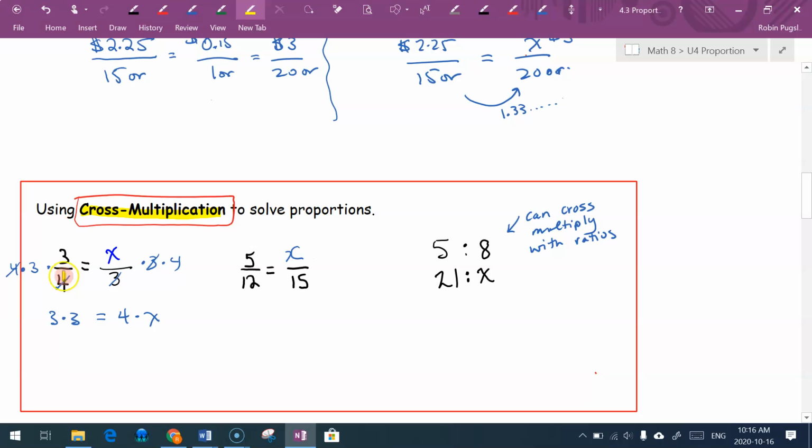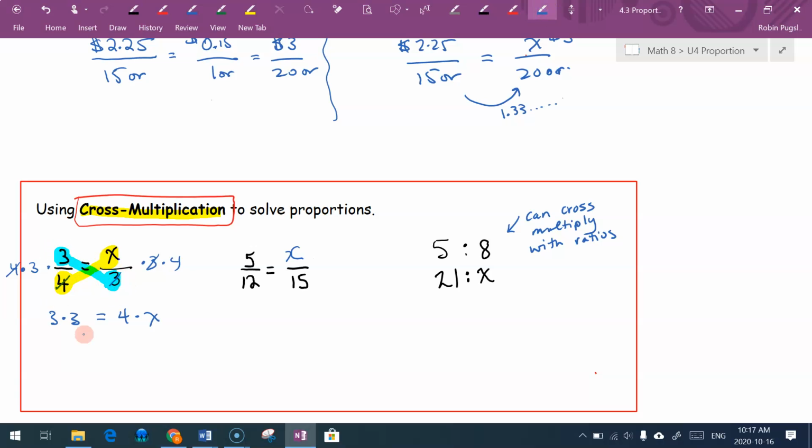Well, if I look here, we have 4 multiplied by x, don't we? Or I can say, well, where did the 3 times 3 come from? Well, here I have 3 multiplied by the 3. So you can see why it's called cross multiplication. You take the diagonal of one and make that equal to the product of the other diagonal.